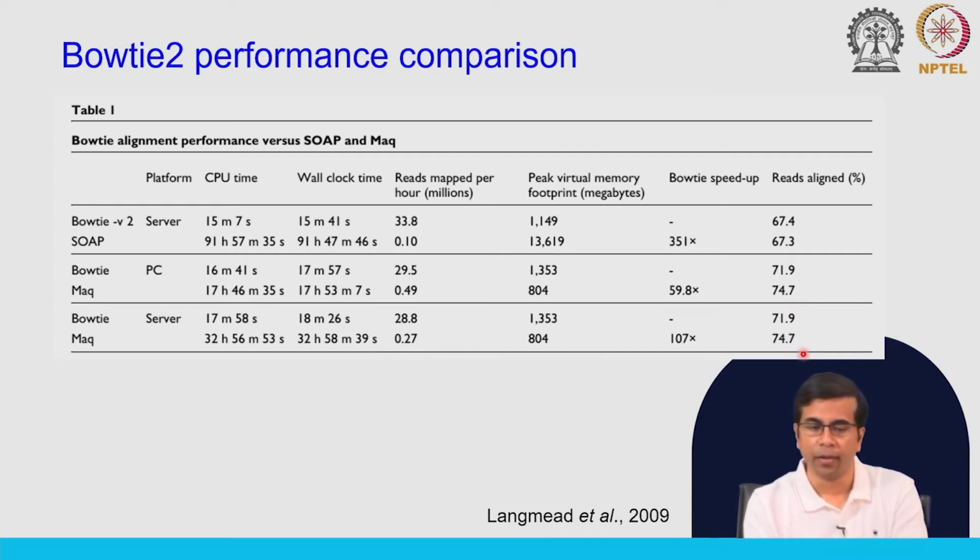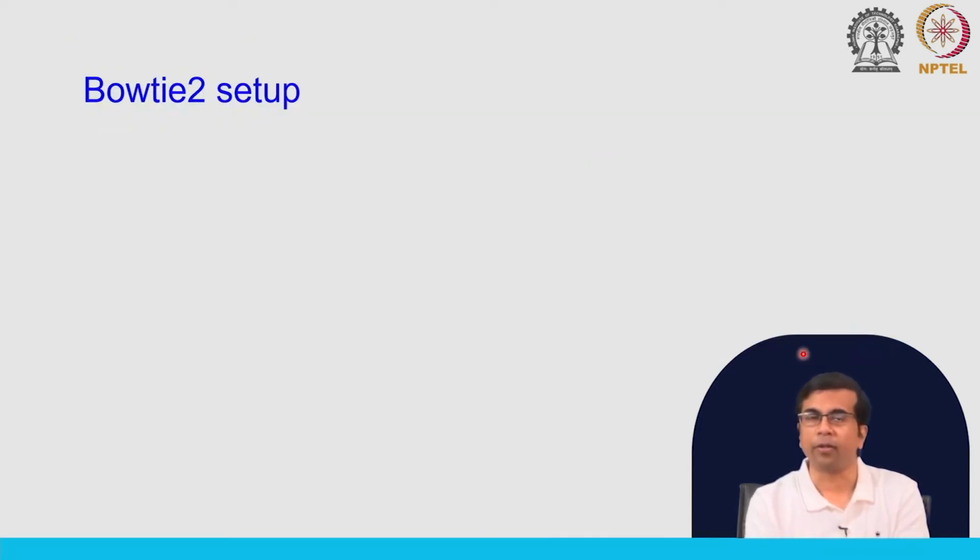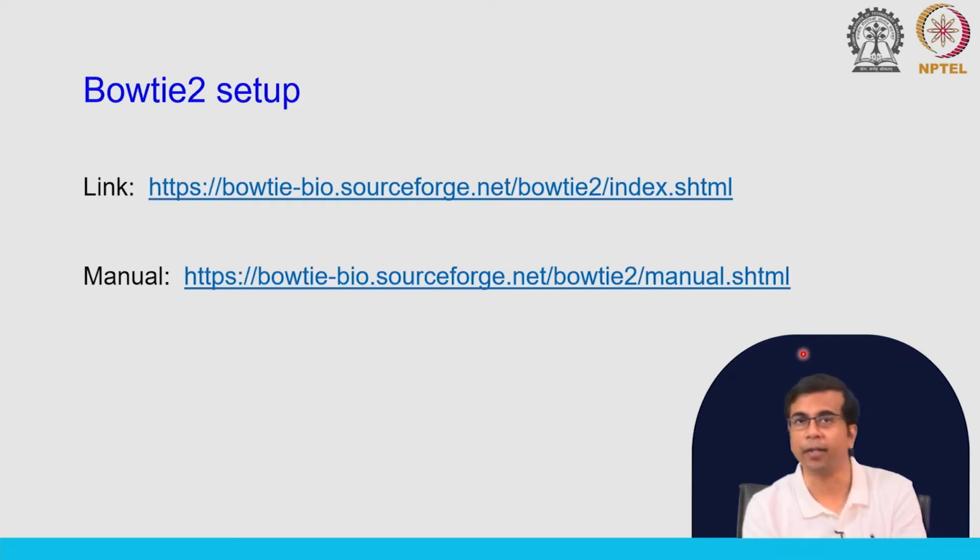All right. So, what we are going to do now is look at Bowtie2. We will set this up, look at the functions, look at the options, and we will also run them to generate our own mapping. So, let's go ahead with that. Here is the link from where you can download the Bowtie2 tool.